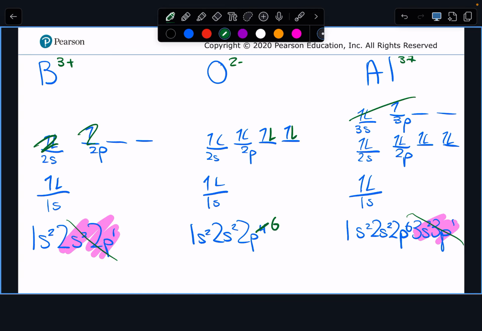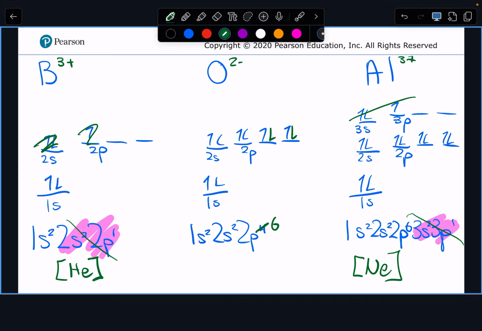Also, remember, these are now isoelectronic with noble gases. Boron, since it lost electrons, went down, and it matches up with helium now. Aluminum also went down, but it now matches up with neon.